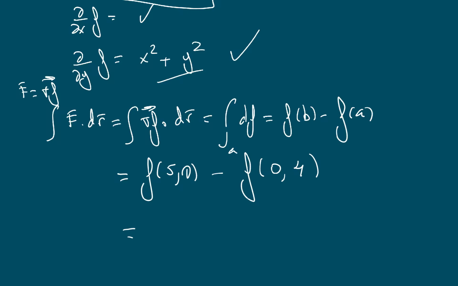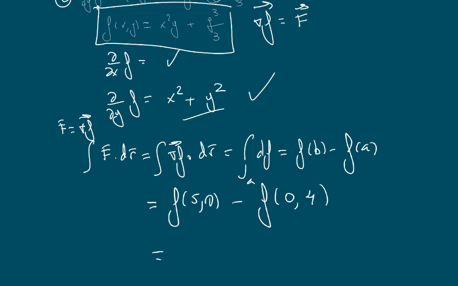What is the value of the function at the point x equal 5, y equal 0? The x squared y term is 0, and y cubed is 0, so it's 0. Minus f(0, 4). When x is 0, that term is 0, and the other is y cubed divided by 3.